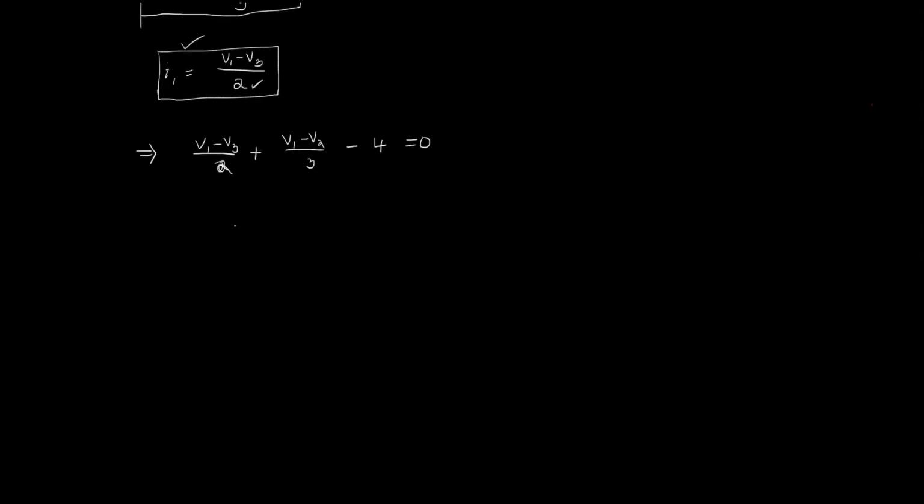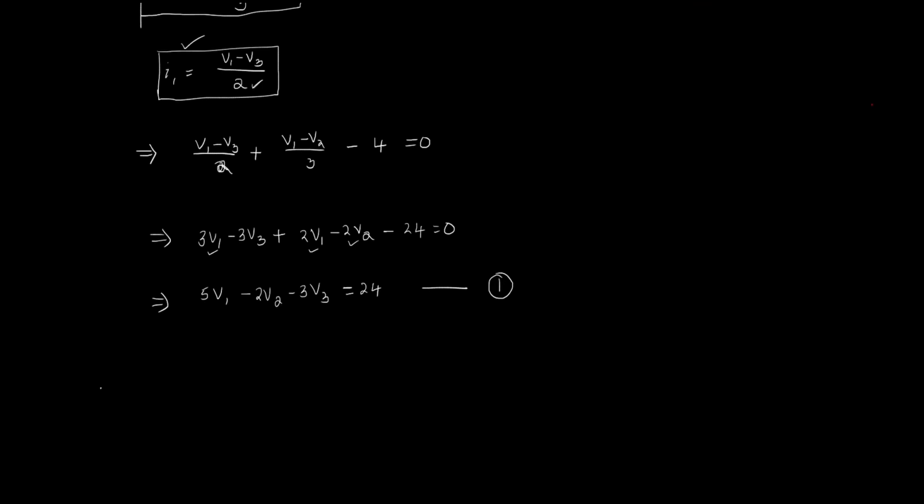By taking the LCM we get 3V1 minus 3V3 plus 2V1 minus 2V2 minus 24 equals 0. Here 3 plus 2 is 5, so 5V1 minus 2V2 minus 3V3 equals 24. So this is our first equation.